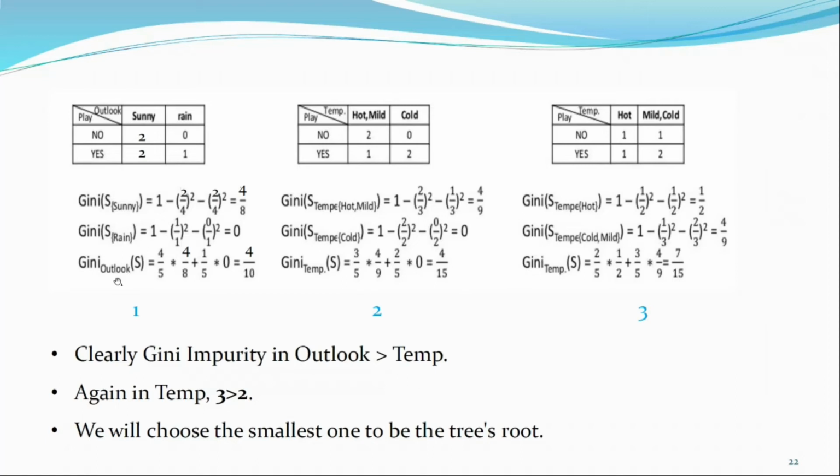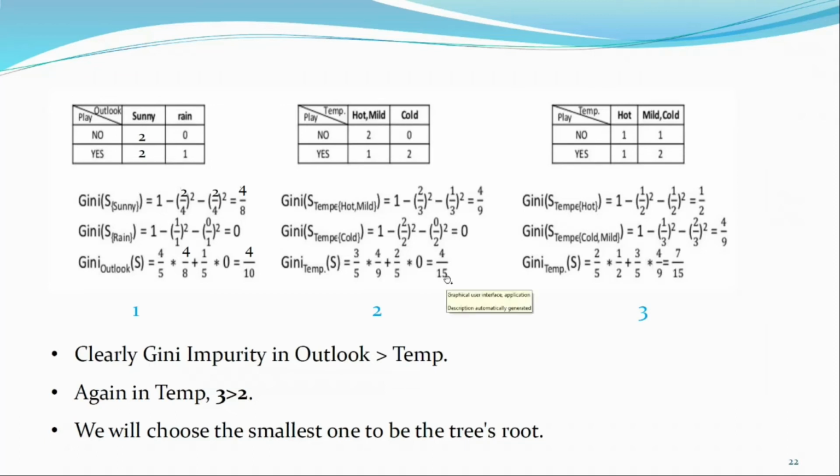The Gini impurity of outlook is more than the Gini impurity of temperature. So we will take this one as the splitting node. We will choose the smallest one to be the split node. That will be the temperature. Then within the temperature, hot and cold will be our next branches.